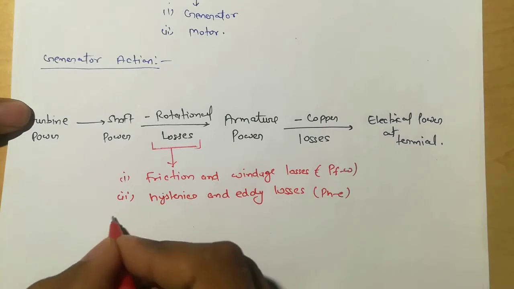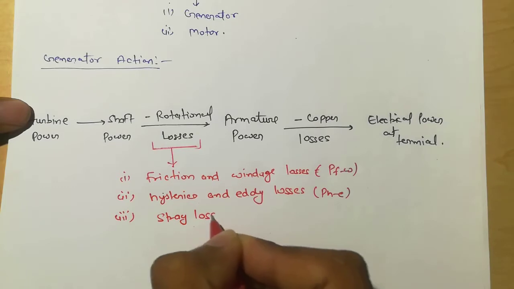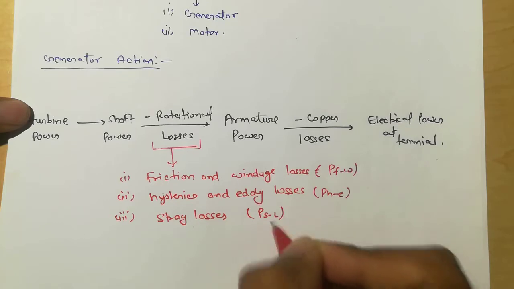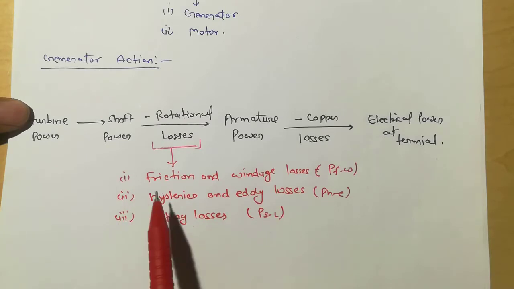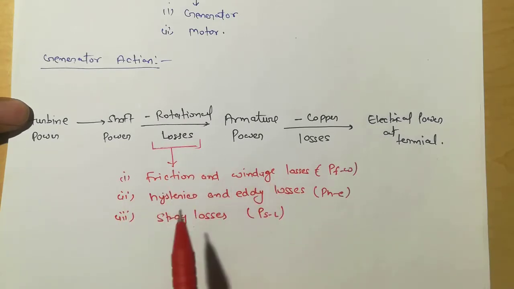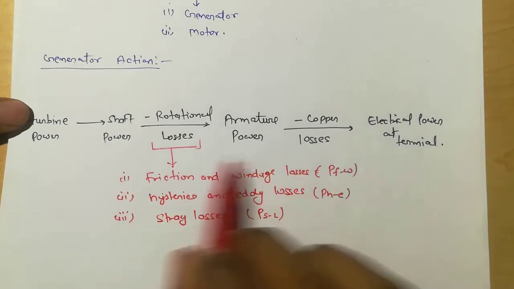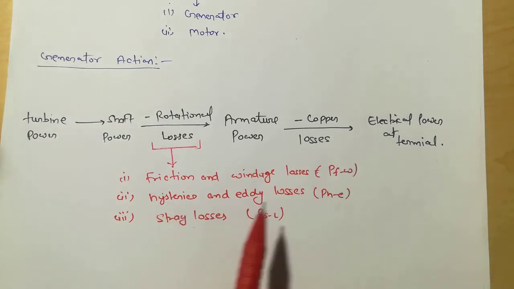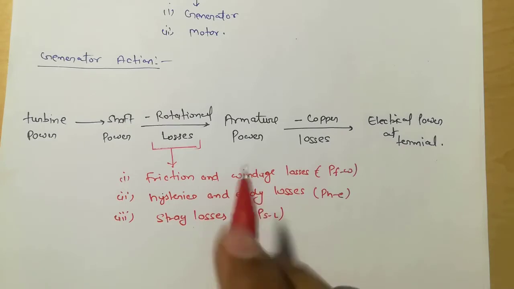And the third one is stray losses, denoted by PSL. The friction and windage losses are found in the air gap, and the hysteresis and eddy current losses are found in the core, in the stator core and armature core.